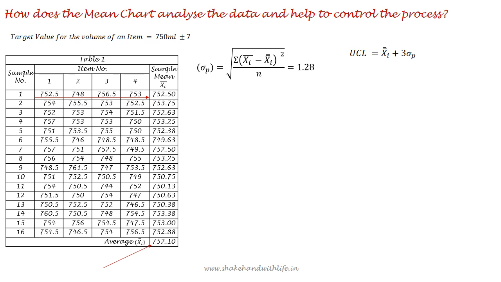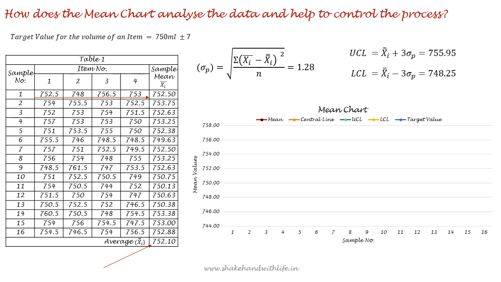Now calculate the upper and lower control limits by adding and subtracting 3 population standard deviations to the average of sample mean values. Now to draw the control chart for sample mean values, take sample number on the x-axis and sample mean values on the y-axis.